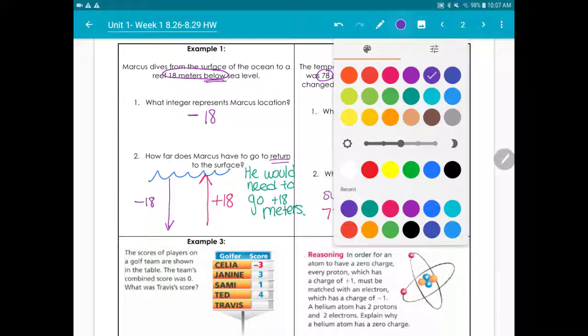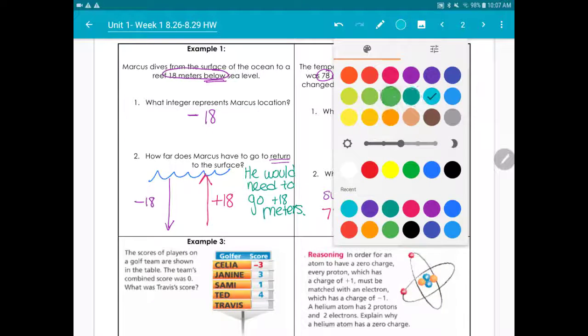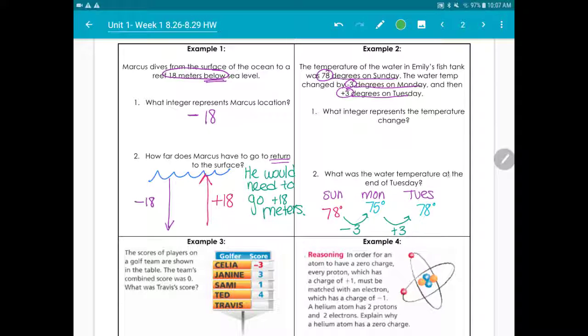Okay, so what was the new temperature on Monday if it went down 3? That would be 75 degrees. And then if it went back up 3, it would be 78. So we already answered the question at the bottom. What was the temperature at the end of Tuesday? On Tuesday, our temperature is 78 degrees. Okay, so how much did it change is the first question.